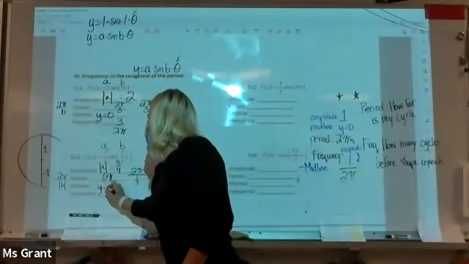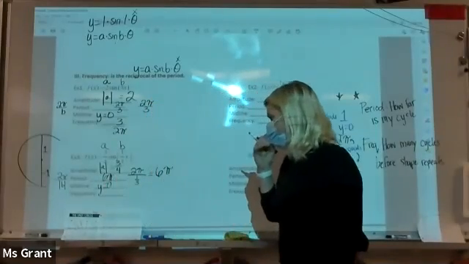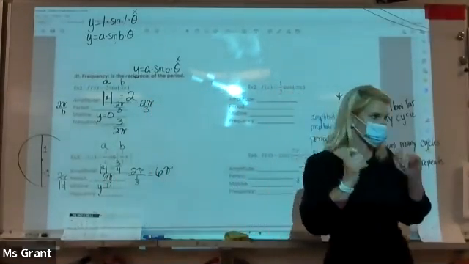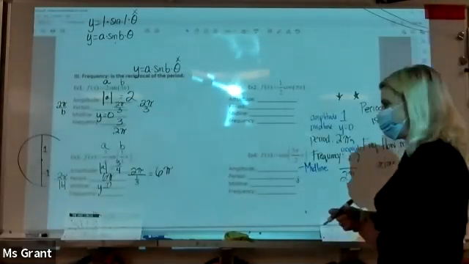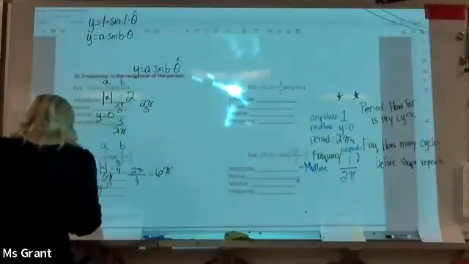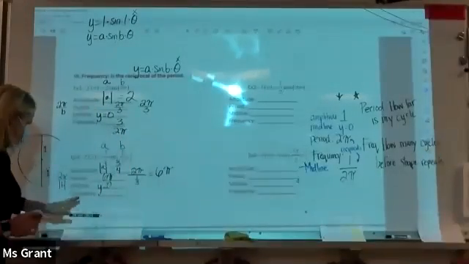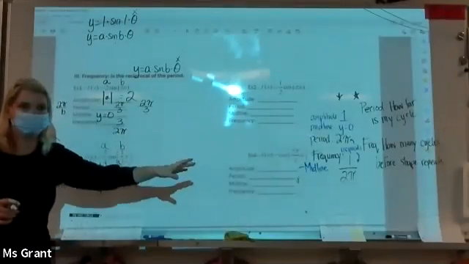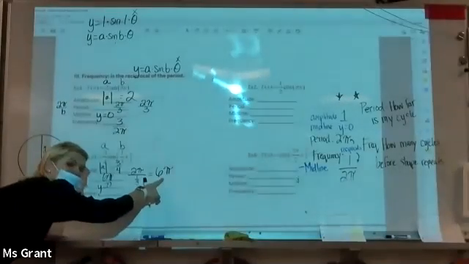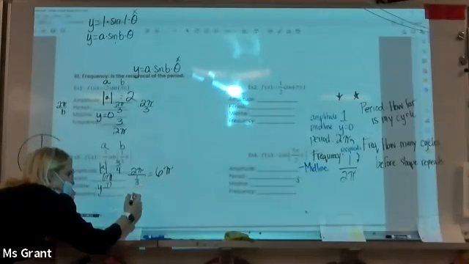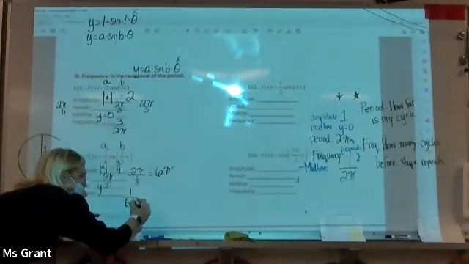My midline is still y equals 0. And then it's like, how frequently does it make its full curvature? Ready? Reciprocal of my period: 1 time every 6 pi.